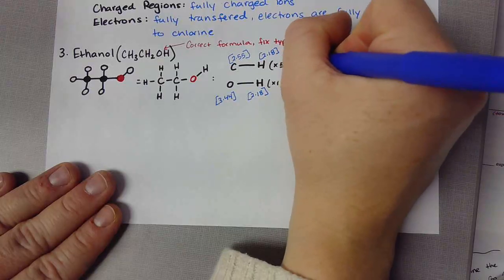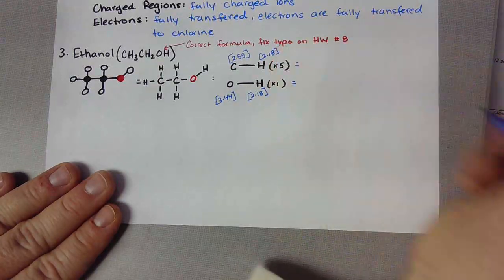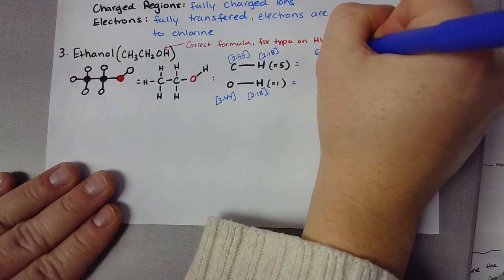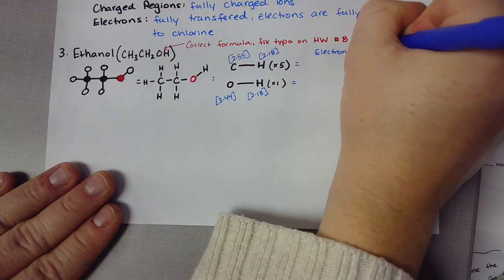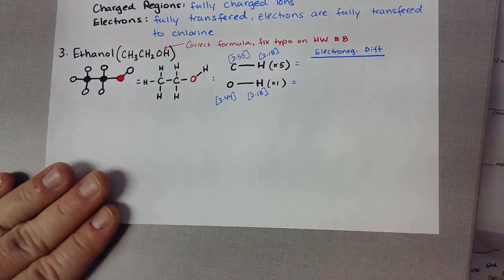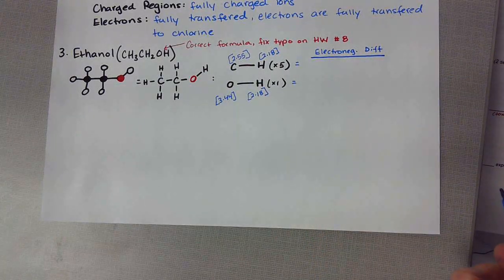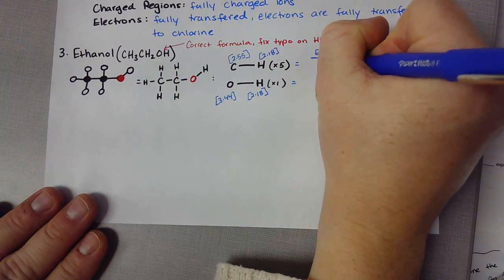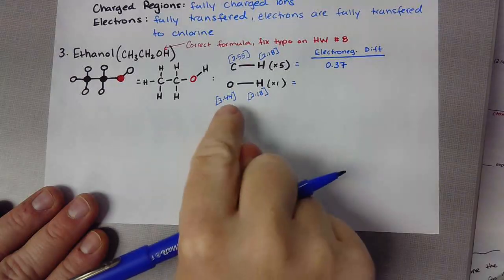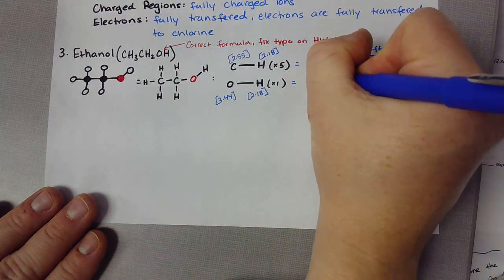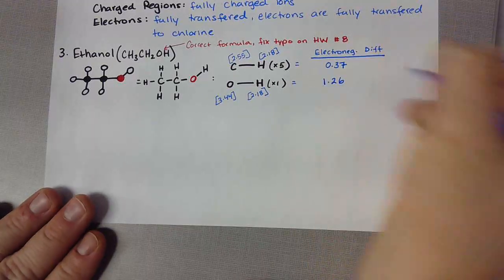I'm going to need to calculate 2 differences. So big minus little, 2.55 minus 2.18. That's going to be small. That's 0.37. This is a little bigger. 3.44 minus 2.18, that's going to be 1.26.